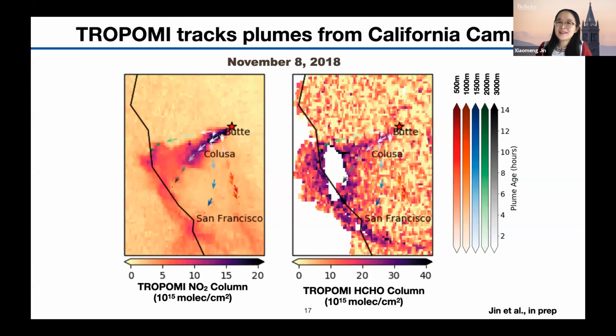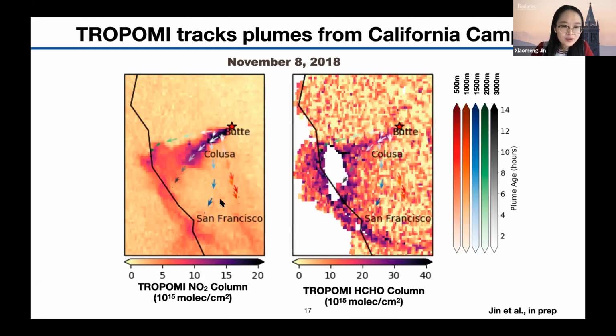So to show you how we can use this TROPOMI data to look at the short-term variability of ozone chemistry, here I'm just going to give you an example. These figures show you the TROPOMI retrieved NO2 and formaldehyde over Northern California on November 8, 2018, the day when the California Camp Fire started. So you can see that there are plumes coming from the fires going all the way to San Francisco.